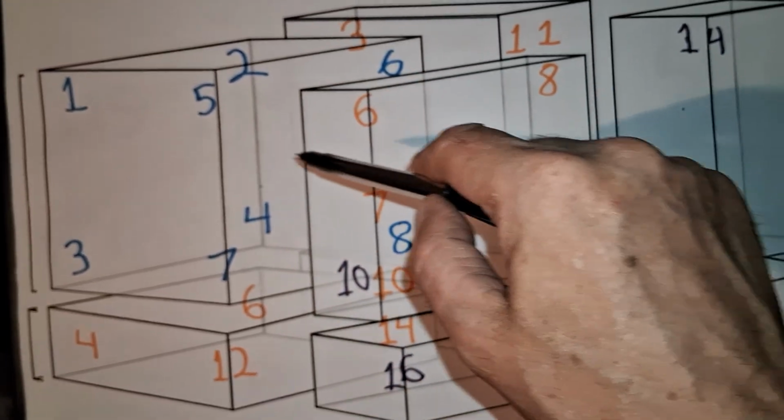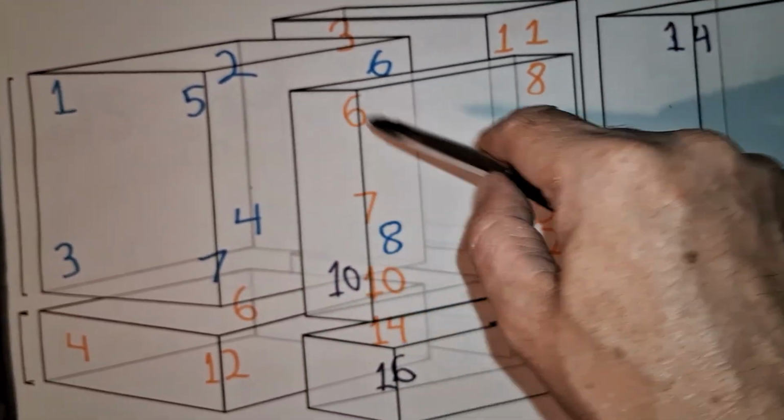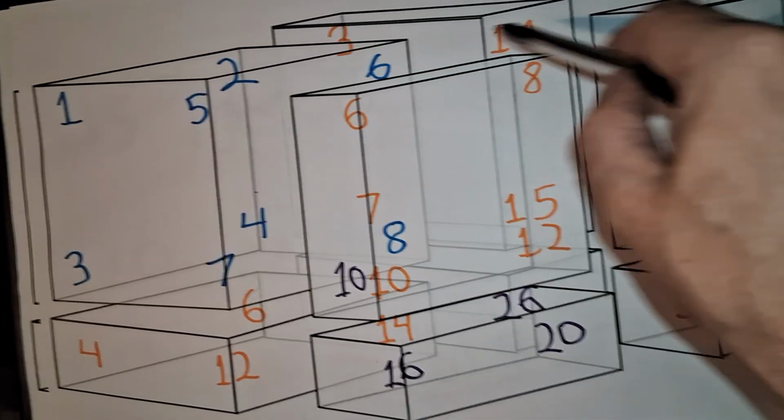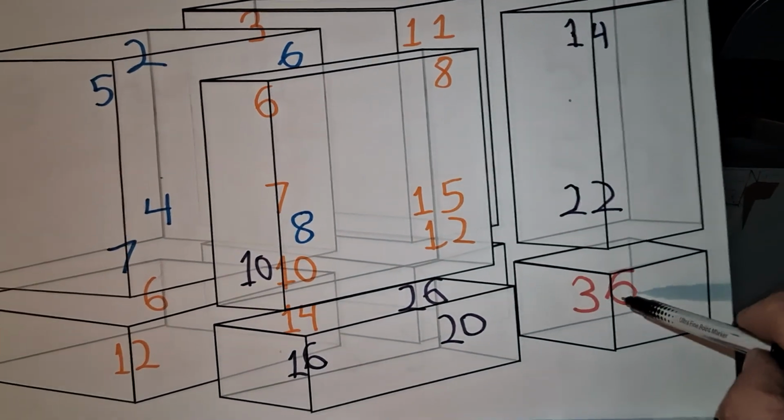You put them all in here, they all come out equaling the same, which is the resulting output number 36.